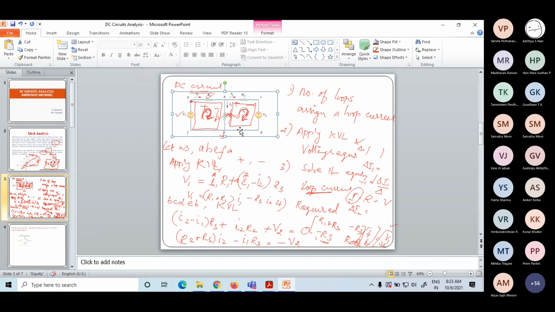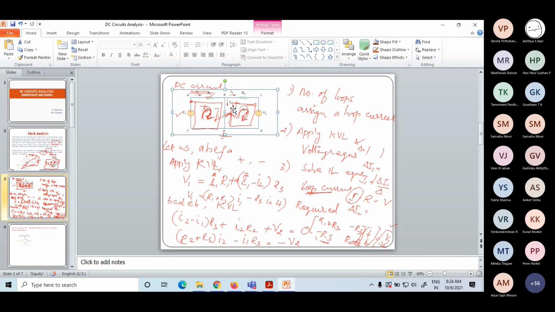Since we are writing the voltage equation with respect to this loop, this I3 will be same as I2 and opposite to that of I1. That is, I am considering the current direction like this. So my current flowing through this R3 will be I2 minus I1, since my reference direction is like this.